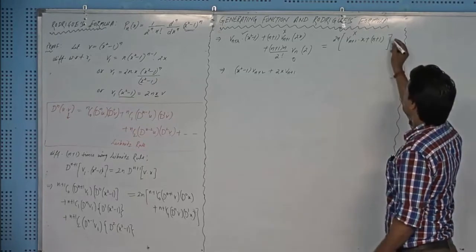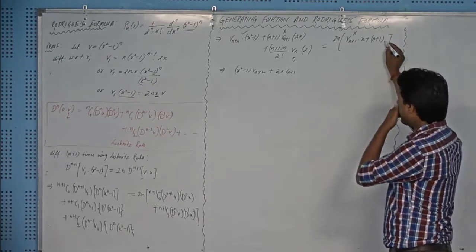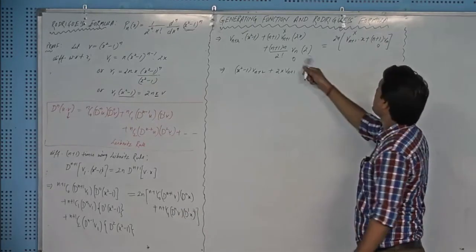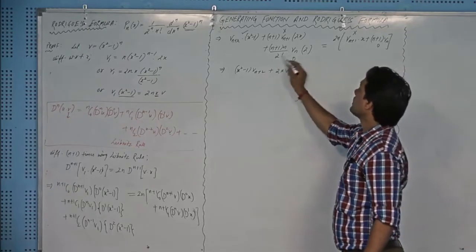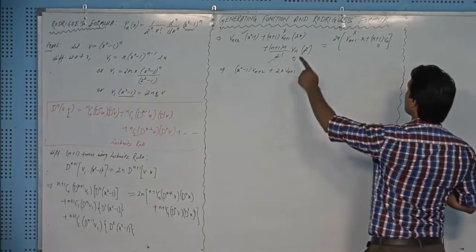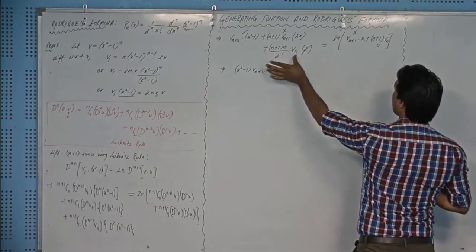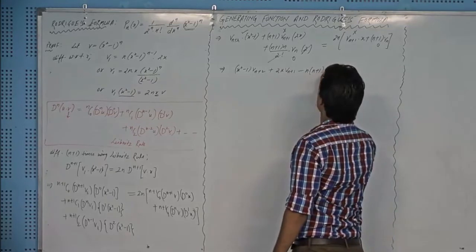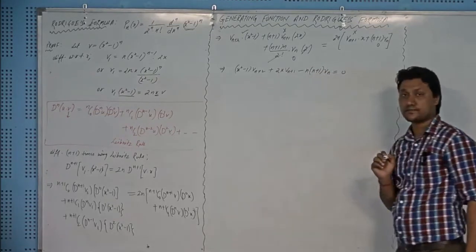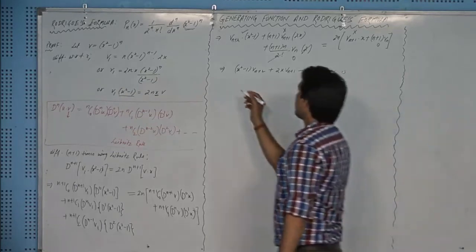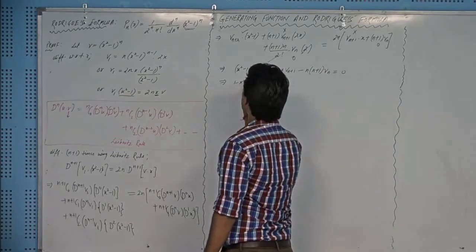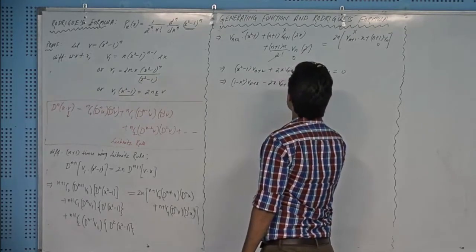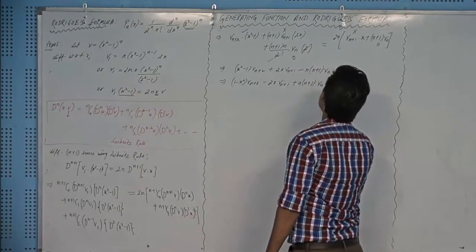Yeah, I missed that: D^n of v should be v^n, right? These two terms are similar, and the 2 and 2 can be cancelled out, so n plus 1 comes there, and that will become minus n(n plus 1) v^n equal to 0, right? And you can multiply this equation by minus 1, so that will become (1 minus x square) v^(n+2) minus 2x v^(n+1) plus n(n plus 1) v^n equal to 0.